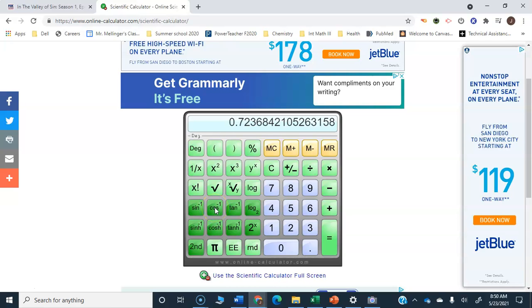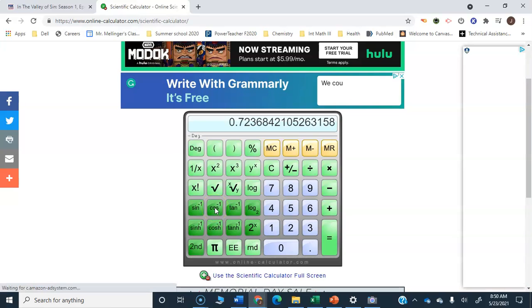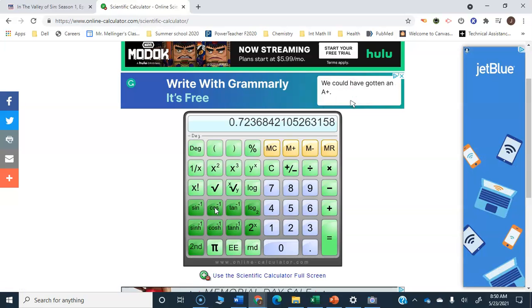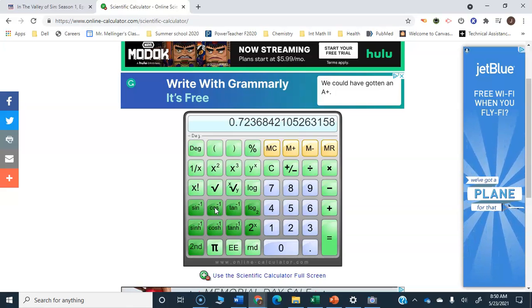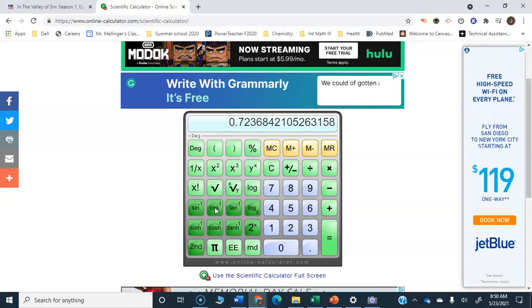You already have the number up there. With this calculator, you put the number in first, and then you hit the function. With the classroom type calculators we have at Hoover, the TI-30s, you do it the other way around. You hit the function and then the number. So I'll show you that as well. So it's cosine -1. I have the number up there already, and what we get is 43.64.